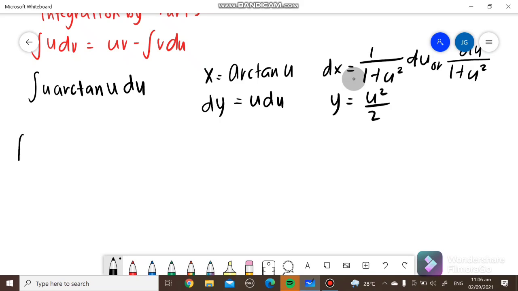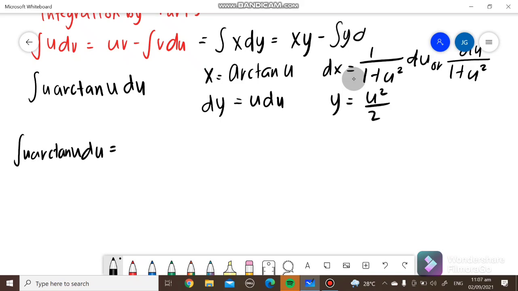So the integral of u arctan u du, which we replace with the integral of x dy, is equal to xy minus the integral of y dx.